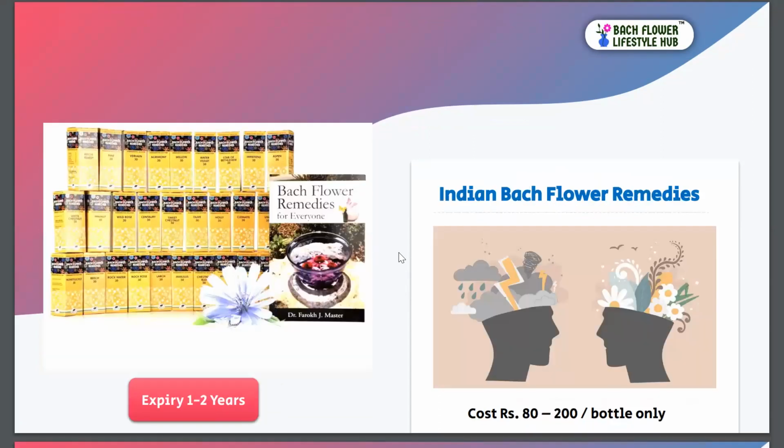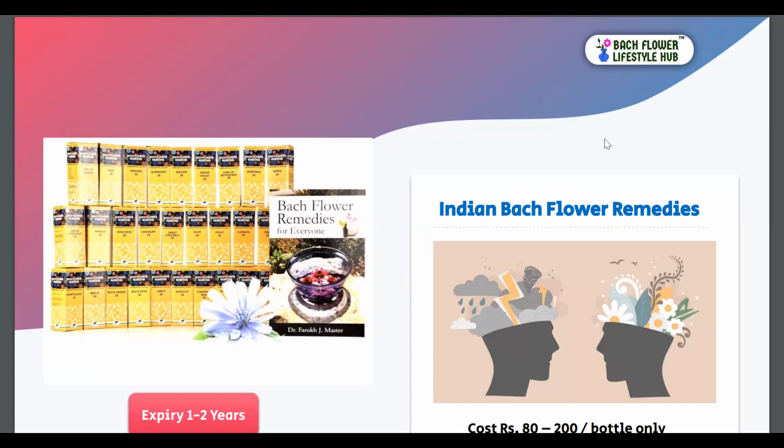Another important aspect is that Bach flower remedies made in India are basically homeopathic brands. New Life is one of the brands which I used earlier, and Bandari. There are many more brands in the market, and they usually have 1 to 2 years of expiry. The cost is very minimal, starting from 80 rupees to 200 rupees usually.